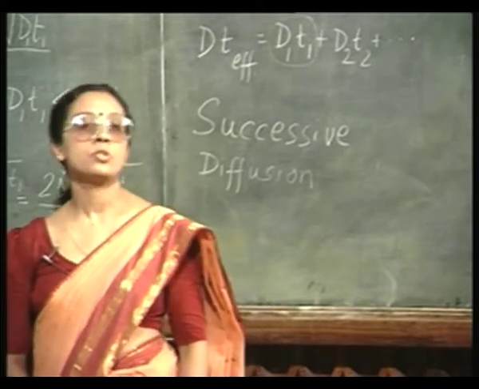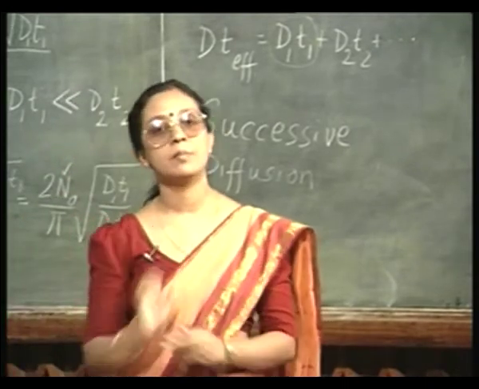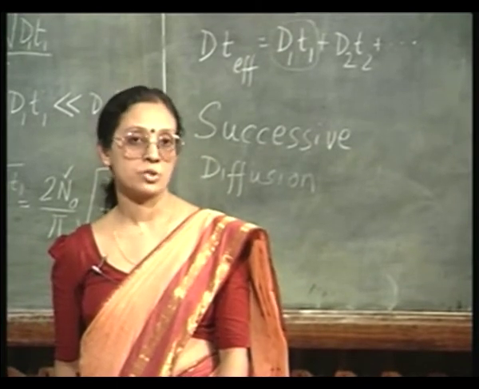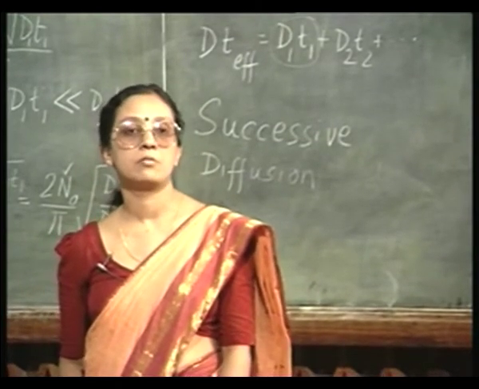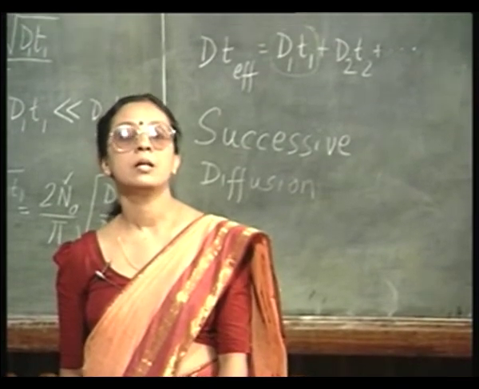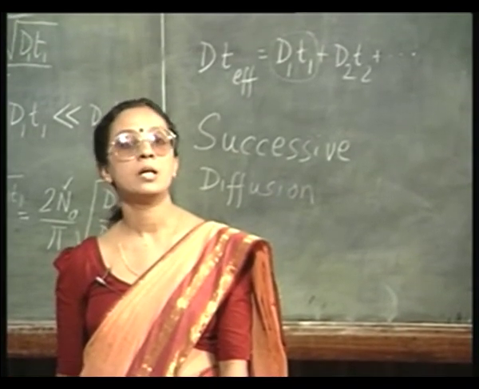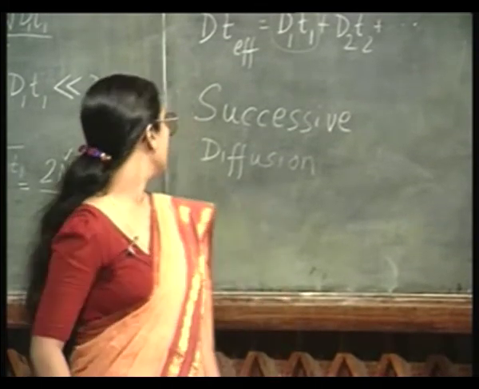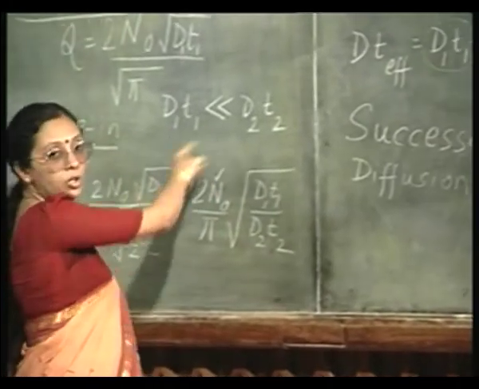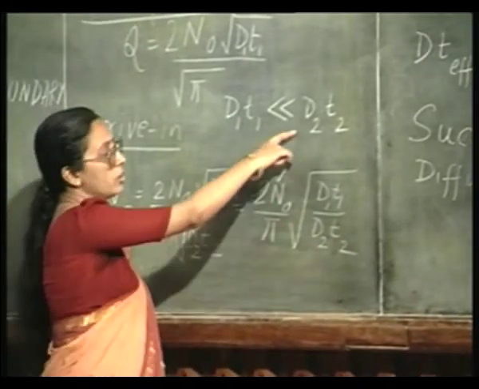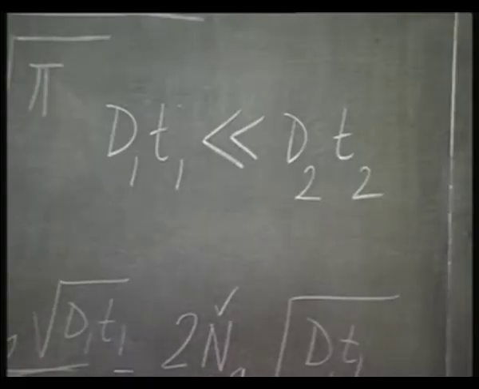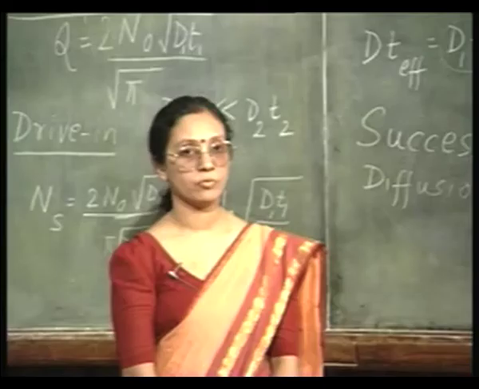Well, in most cases, since the drive-in time and temperature is much larger than the infinite source pre-deposition time and temperature, the final doping profile will be approximately Gaussian, that is when D2 t2 is going to dominate the case, as is true for most practical situations. So long as D2 t2 is much larger than D1 t1, the doping concentration profile will be given by approximately a Gaussian profile.